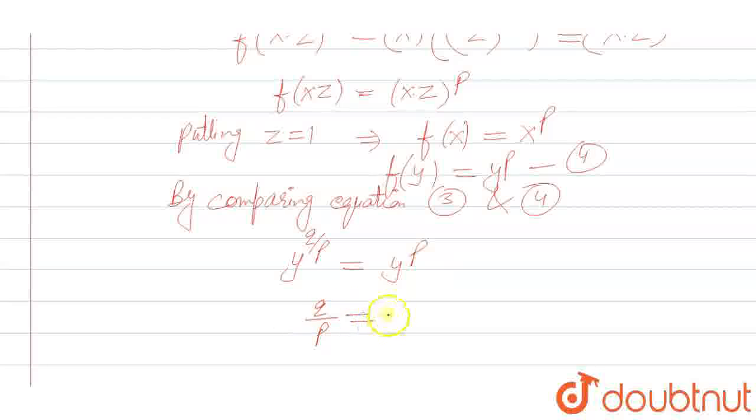So q/p value should be equal to p. So from here we get p² is equal to q. Hence proved.